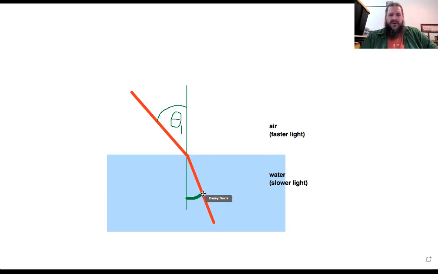And Snell's law is really all about finding how much it bends, how much that angle is going to be. So we would say the usual n1 times sin θ1 equals n2 times sin θ2. So using the index of refraction in order to predict those angles. Any questions on that so far?